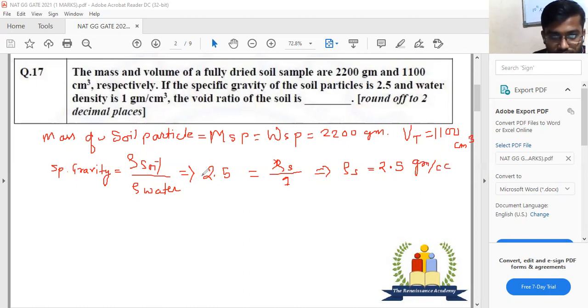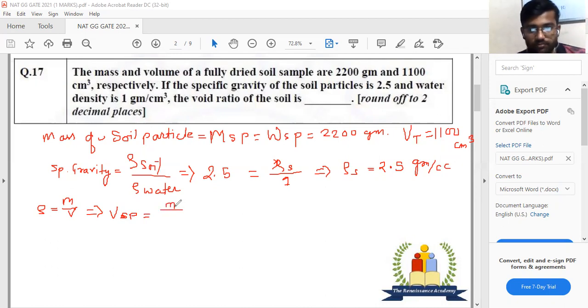Okay. Now we have basic formula, that is density is equal to mass upon volume. This is our basic formula. So we can calculate volume of soil particle. Let's say VSP. So volume is equal to mass upon density.